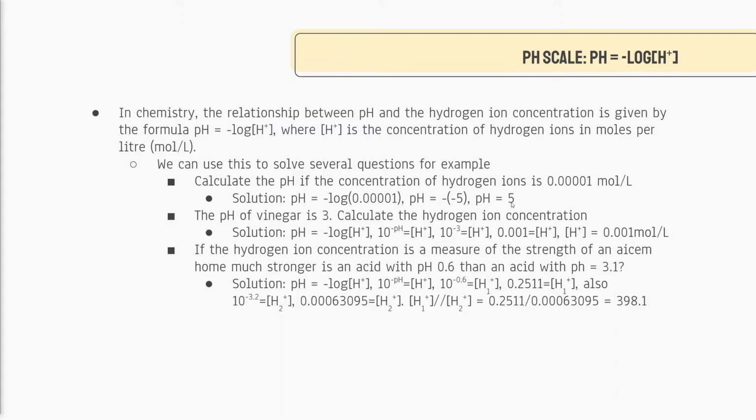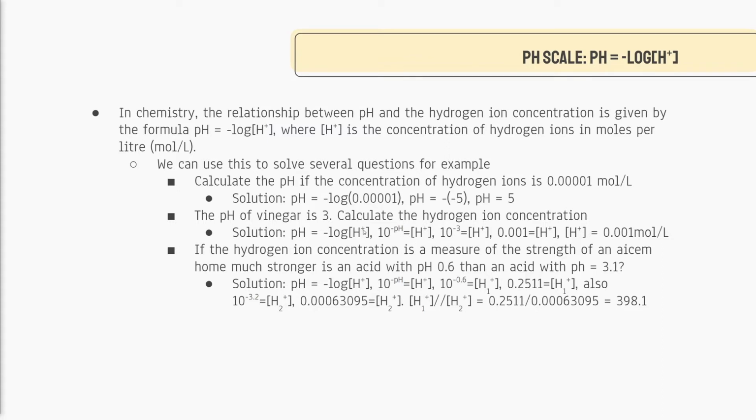For our next question, we're given that the pH of vinegar is 3. It's asking us to calculate the hydrogen ion concentration. So, given our formula, we can write this in exponential form, right? So this is base 10, so we're at 10. Then we know that our pH, we could divide this by -1, so we have a power of -1.